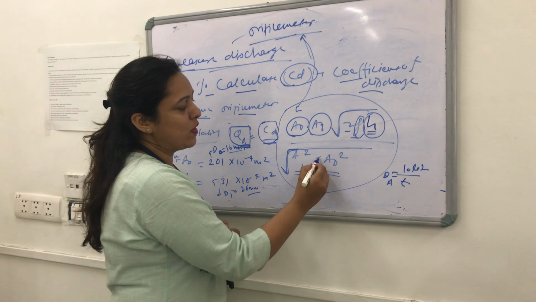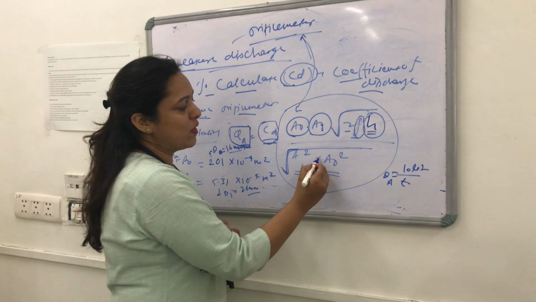What about the value of A0 and A1? As I told you, A0 is the area of the orifice, that is at the vena contracta, and A1 is the inlet area. So obviously to calculate the area, the diameter should be given. Which diameter would be larger? The diameter at the inlet, D1, would be greater than the diameter of the vena contracta or at the orifice. So D1 should be greater than D0.